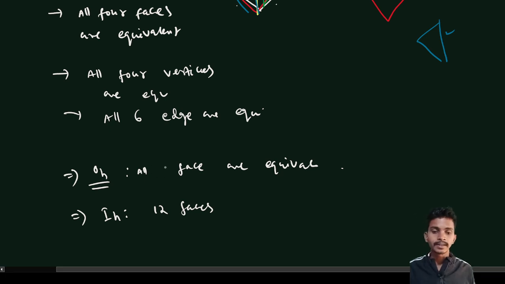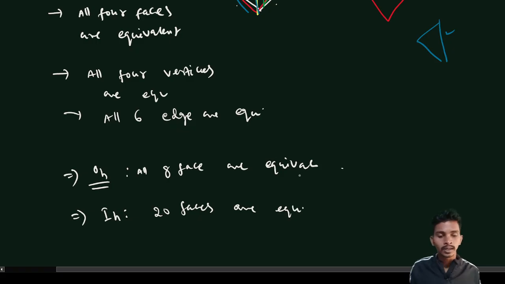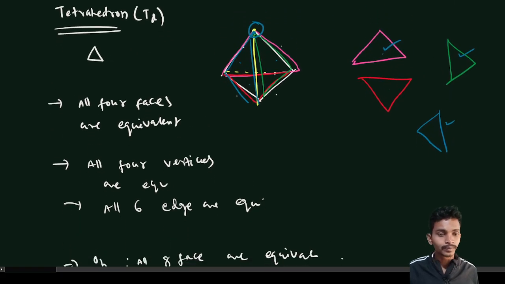Eight faces are equivalent in the octahedron and 20 faces are equivalent in the icosahedron. So there is a huge number of symmetry operations.